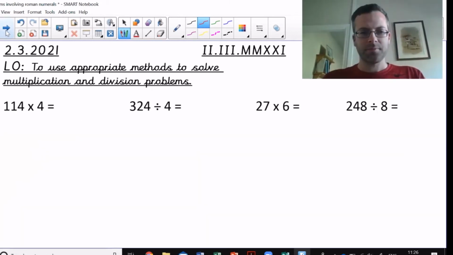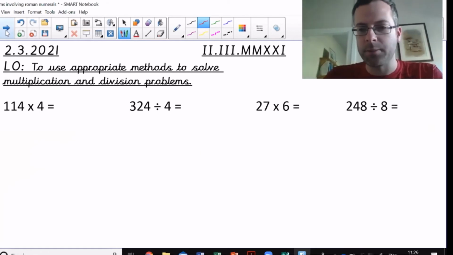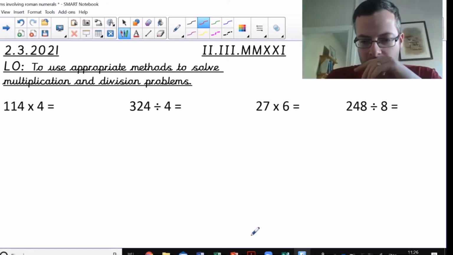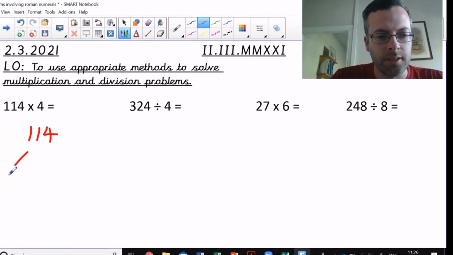Carrying on. Questions like this. If we're timesing by 4, yes, I can use the multiplication column method, but actually sometimes if we're timesing by 4, we can just double it and double it again. So if I have 114, if I double that, that's going to get me to 200, and then double it again, it'll get me to 400. That double will get me to 20, and then doubled again will get me to 200.